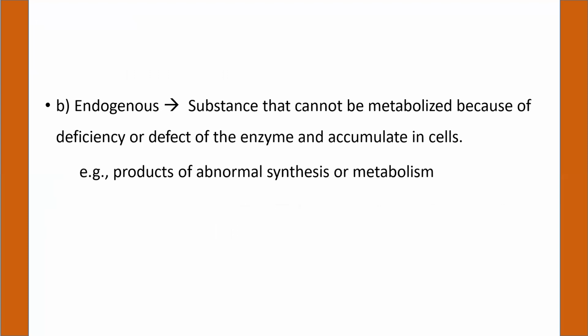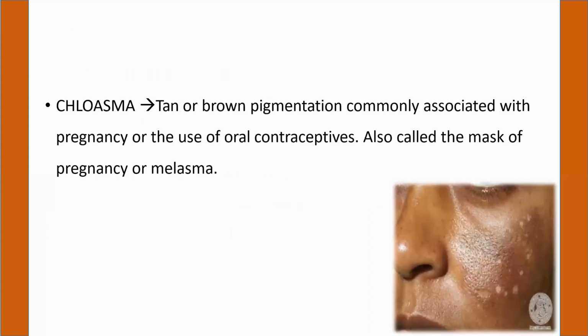Endogenous substances that cannot be metabolized because of deficiency or defect of the enzyme accumulate in the cell. Example, abnormal synthesis of metabolism.